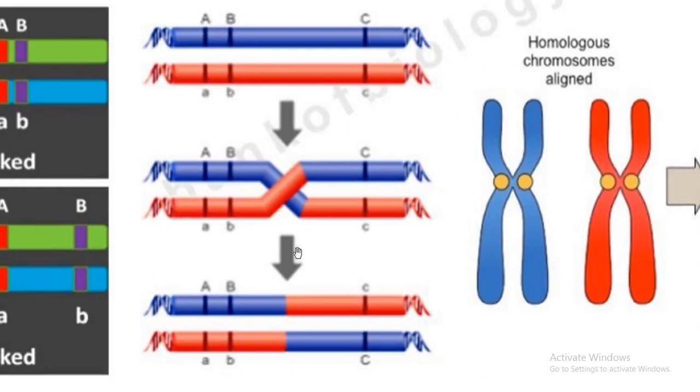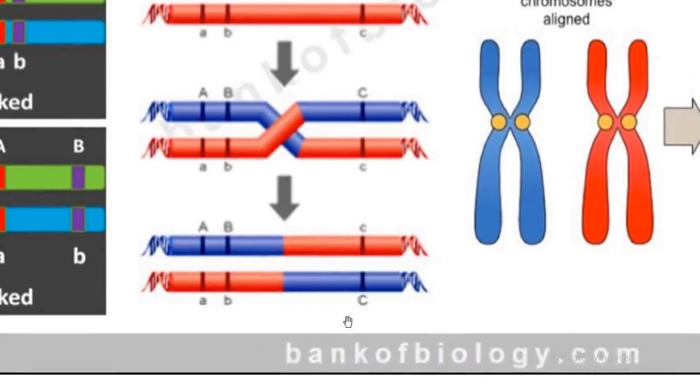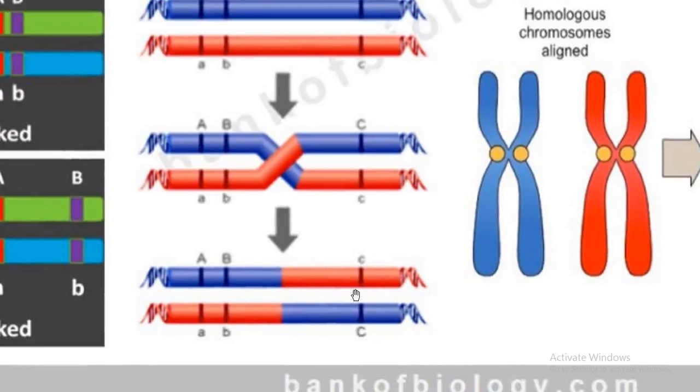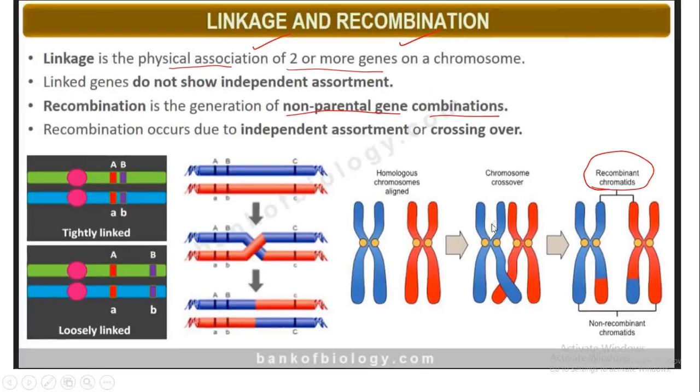Cross ஆகும்போது you can see that we have a dominant A, dominant B and we have a recessive C here. இந்த chromosomeல இருக்க recessive gene small a, small b கூட we got the dominant capital C. Okay, so this occurs only because of recombination during meiosis. Okay, this process is called as independent assortment or crossing over.